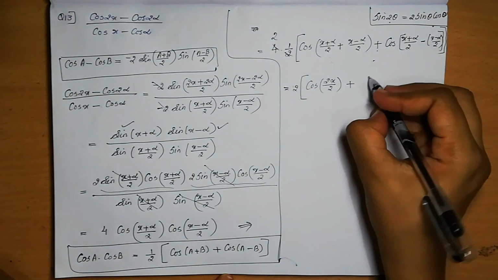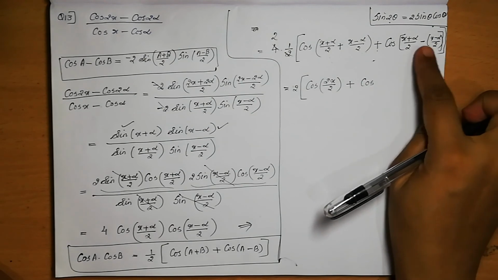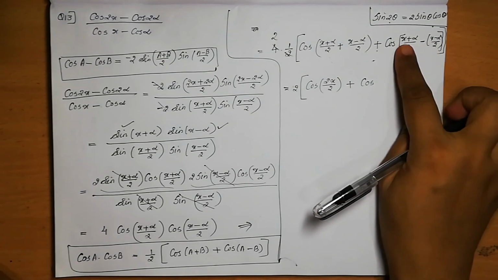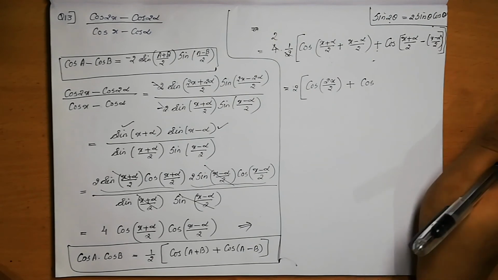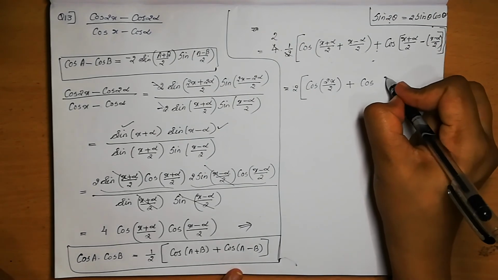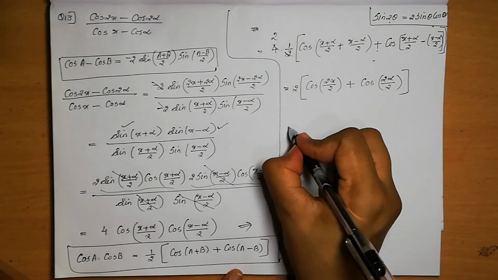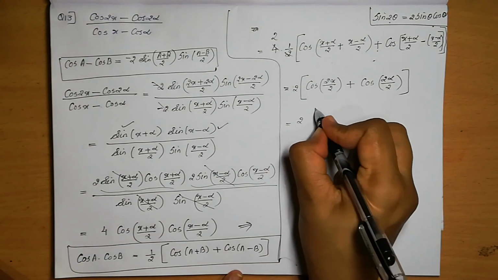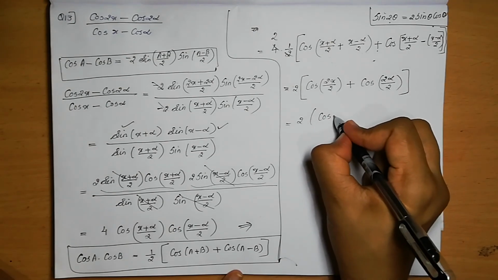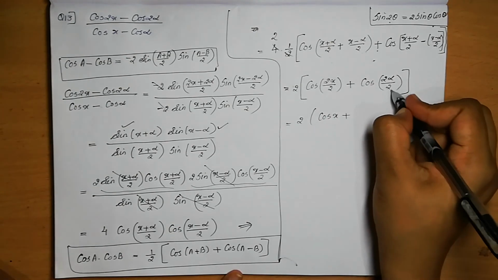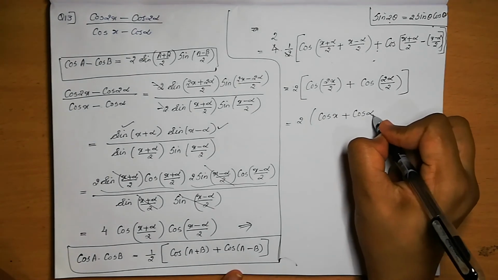Plus here, cos of the subtraction, as the denominator is the same: x minus x is 0, alpha minus minus alpha, minus minus plus, means 2 alpha by 2. So this is equal to 2 into cos 2x by 2, where the 2 and 2 cancel, remaining cos x, plus here also 2 and 2 cancel, remaining cos alpha.